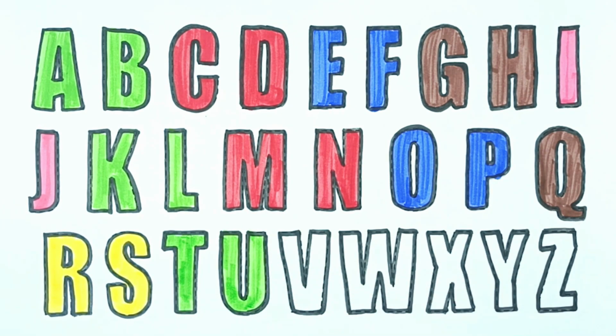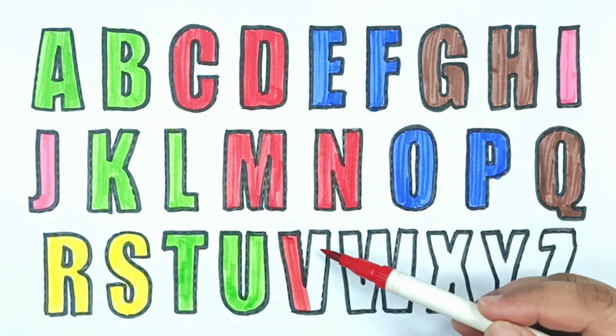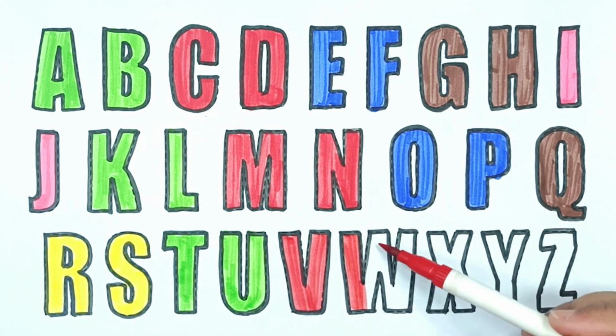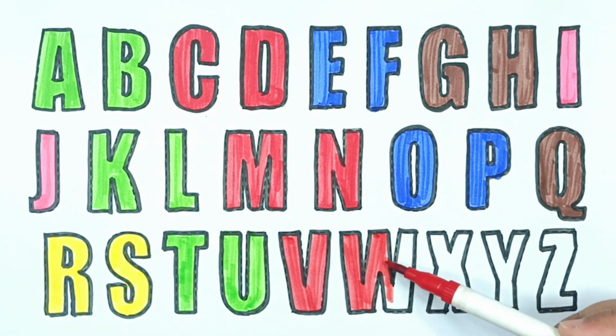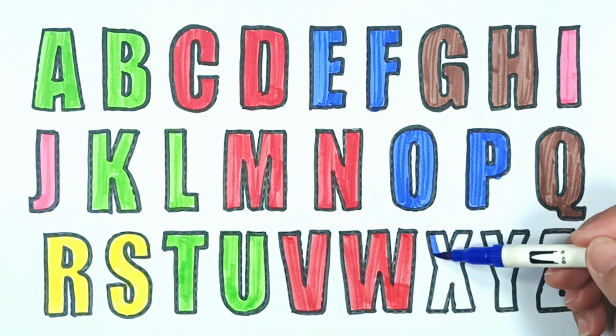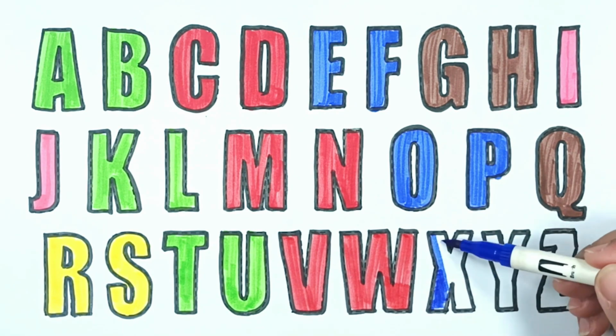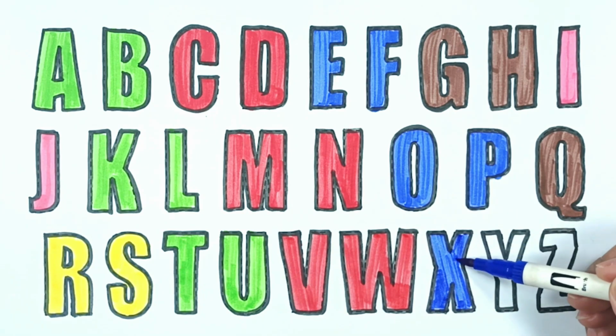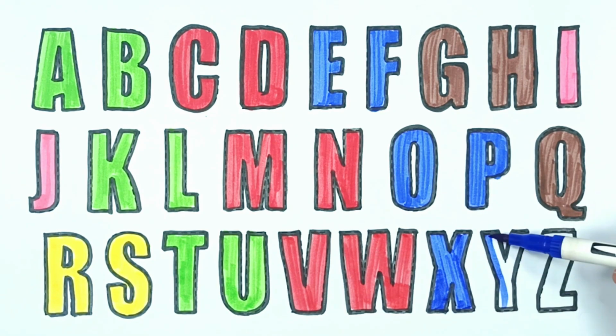U for umbrella. V for van. W for watch. X for xylophone. Y for yacht.